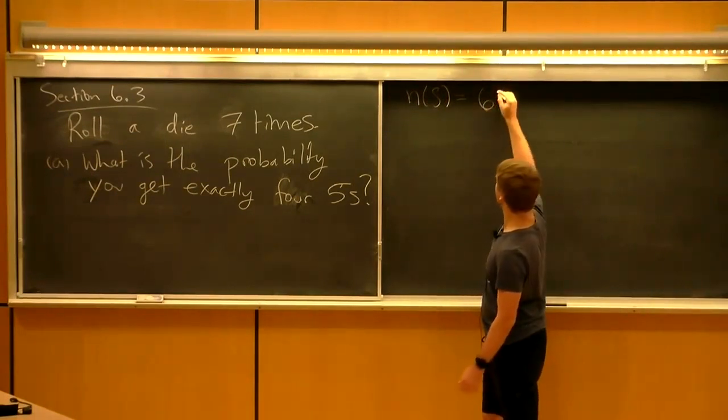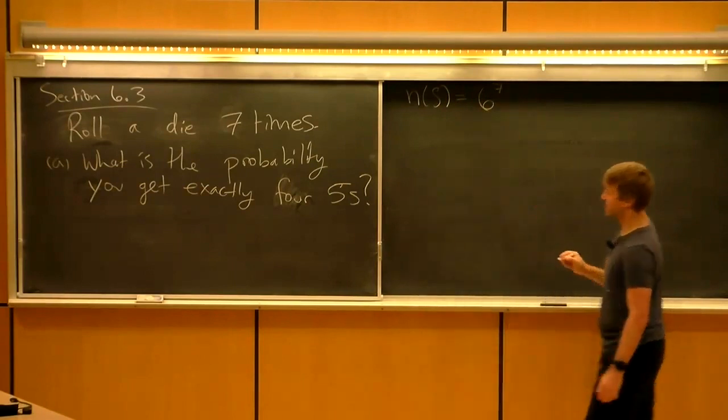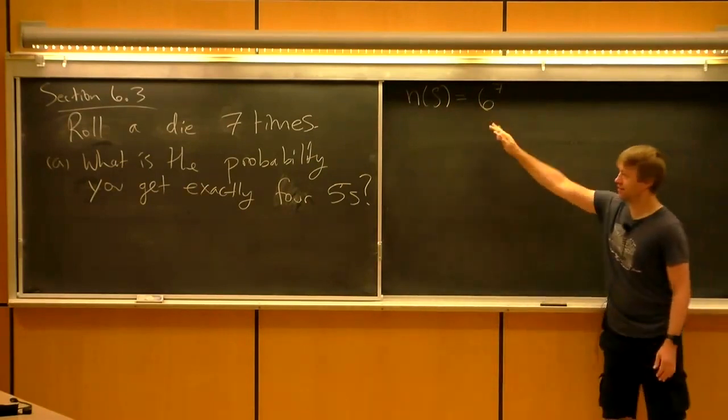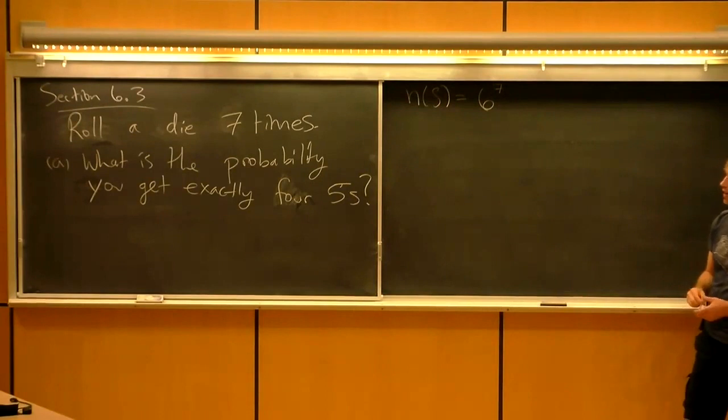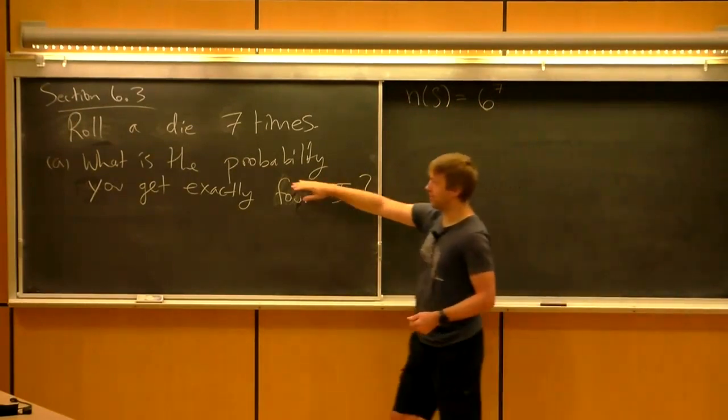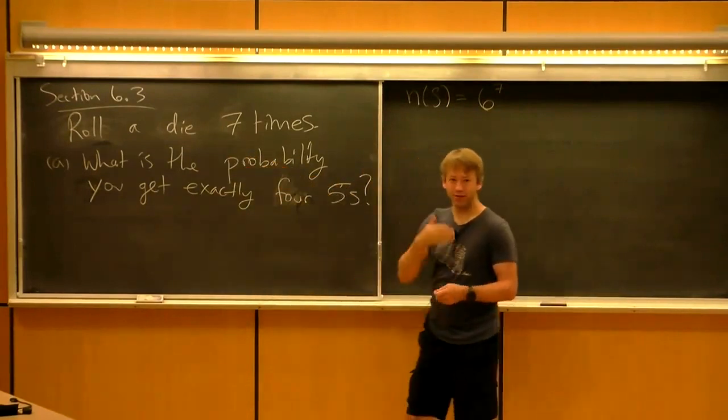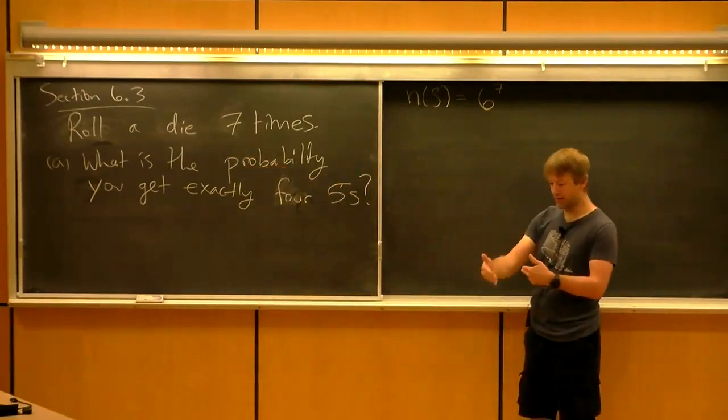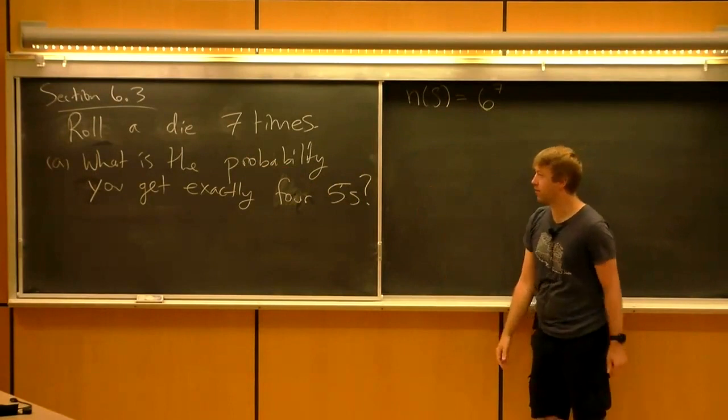Okay, so I think a few people talked at the same time, but I'm sure somebody said 6 to the 7 at some point. Right, because each roll has 6 possibilities. You're doing it 7 times, so 6 times 6 times 6 times 6, and so on.